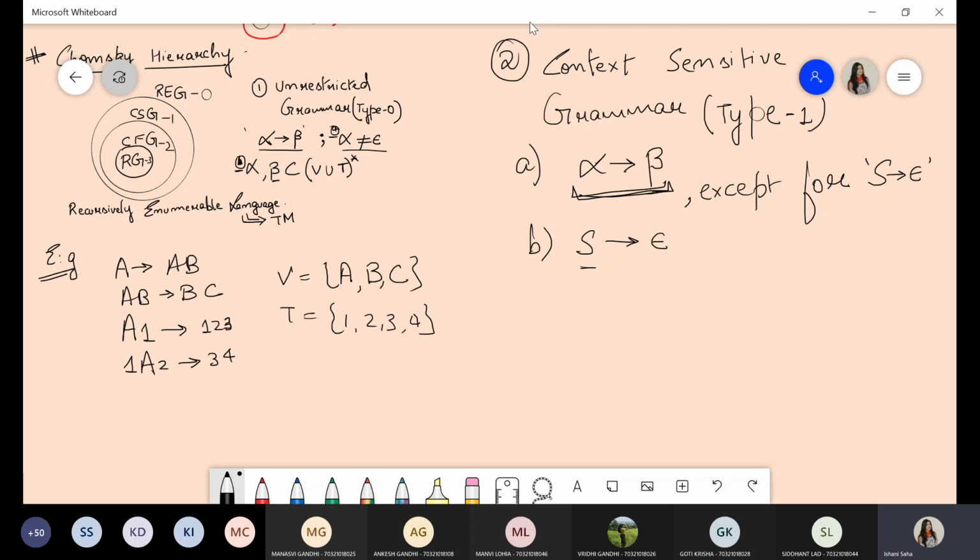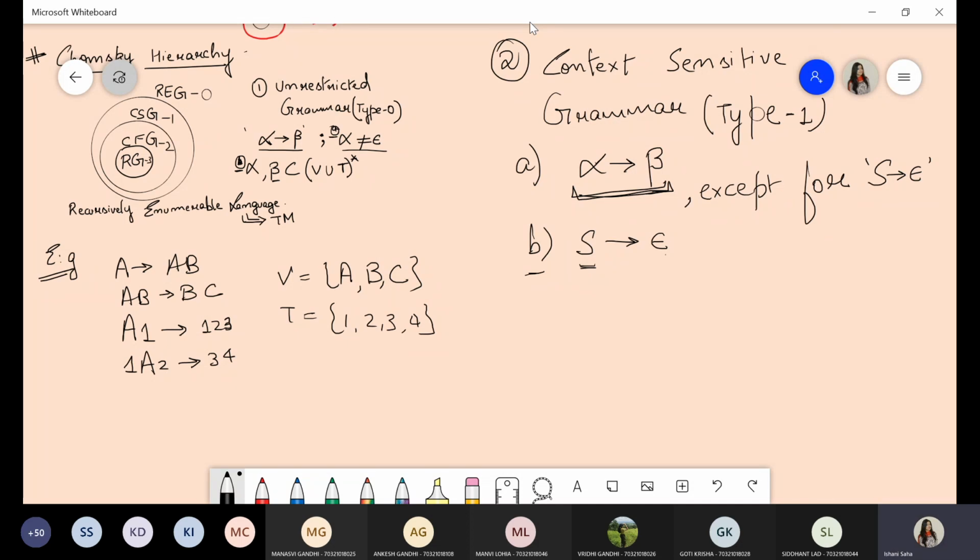I repeat the whole second restriction. The rule S produces epsilon is allowed only if the start symbol capital S does not appear on the right hand side of any production.